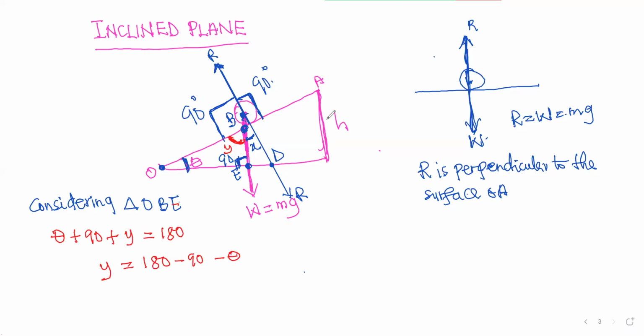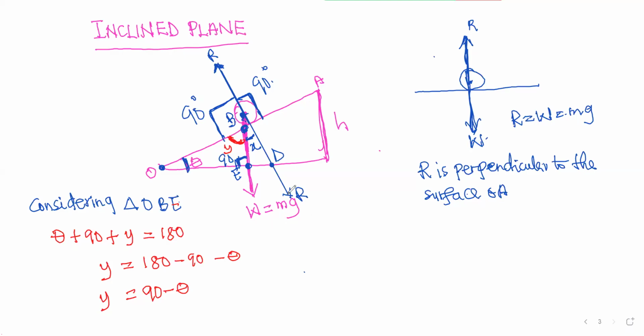Class, are we okay here? Yes, sir. All right, so we have Sharon. Are you following? Inshira, Stephanie, Maxwell, Kojo. All right, so 180 minus 90 is 90 minus theta. So this angle y is equal to 90 minus theta.